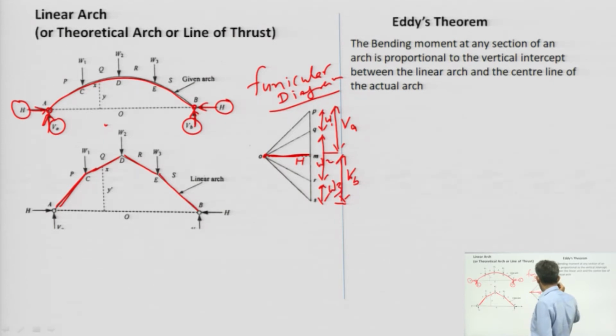Sum of VA plus VB is W1 plus W2 plus W3. So, make this horizontal line, and vertical line VA and downward VB, and put small pq as W1, and qr as W2 and rs as W3.